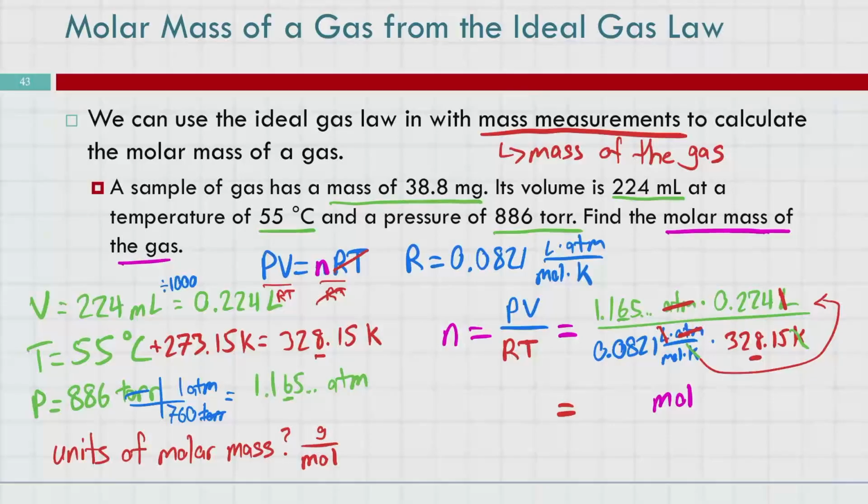And it's once again calculator time. We get 0.009692 with 3 sig figs moles. And this is what we're going to plug in to this grams over moles.